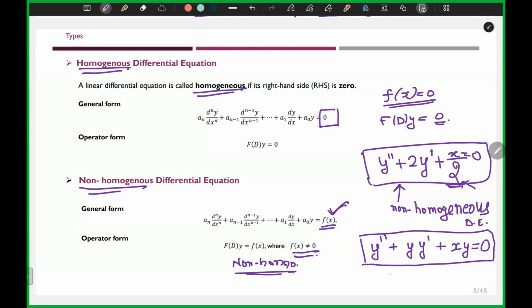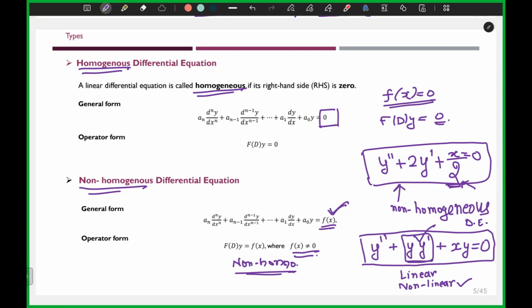Is it linear or non-linear? No, sir, it's non-linear because it involves the product y y dash. Yeah. So here it contains the term y into y dash. So it is a non-linear differential equation.